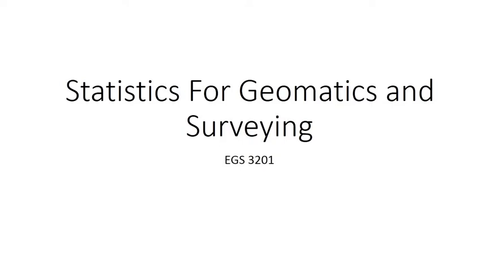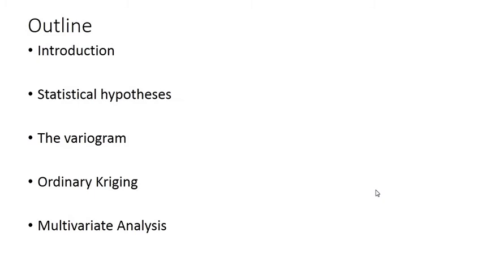Right, so what will this course cover? First we're going to look at the introduction. So I'm going to introduce the course and then look at some statistical hypotheses behind geostatistics, and then we look at the foundation of geostatistics, which is the variogram.